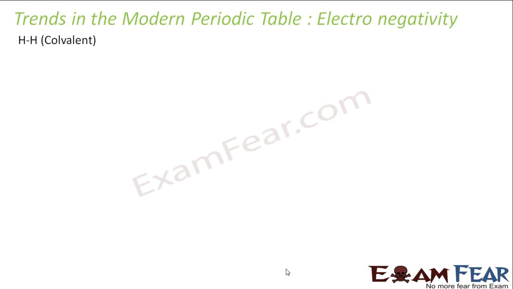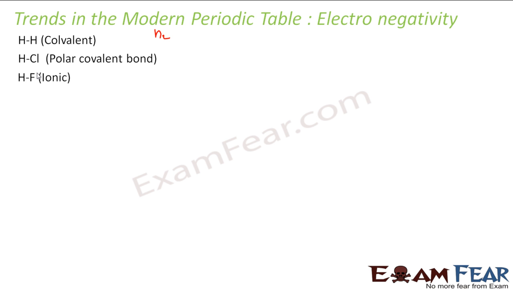So when I say that electronegativity is based on the compound, for example, hydrogen can have HH, that is H2, a covalent compound. It can have HCl also, or it can be HF also. In the case of HH, both atoms will equally attract each other's electron.